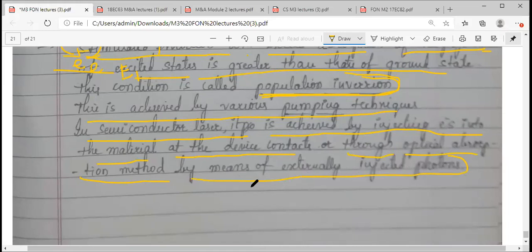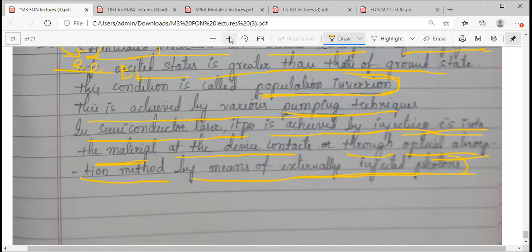Just now we have seen that by making photons incident, we can increase the population of the electrons in the excited state. Population inversion can be achieved by this method, either by pumping techniques, injecting the electrons into the material, or by using externally injected photons.